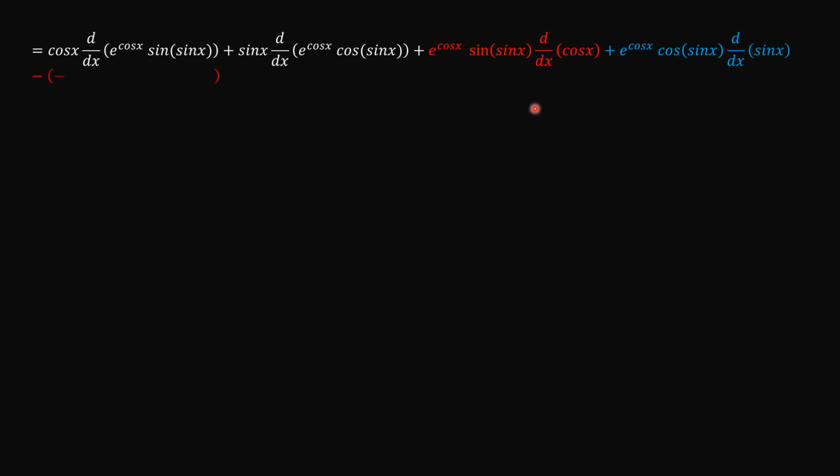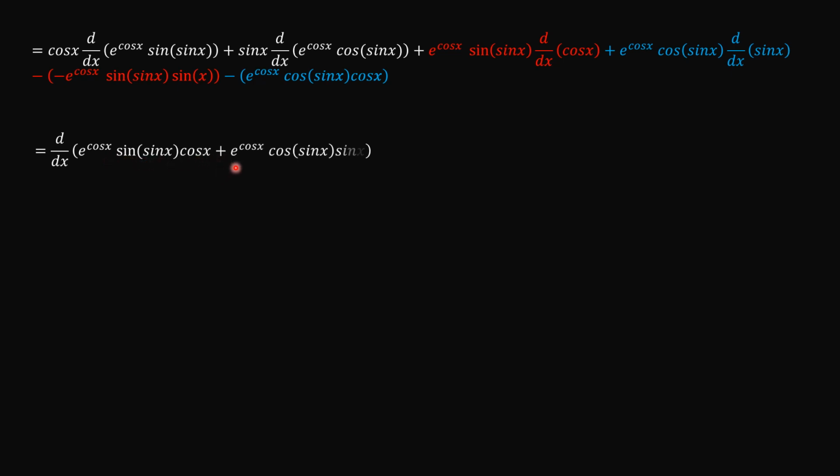This again allows us to take advantage of the product rule in differentiating terms. So this now becomes the derivative of e^cos x sin x cos x plus e^cos x cos x sin x.